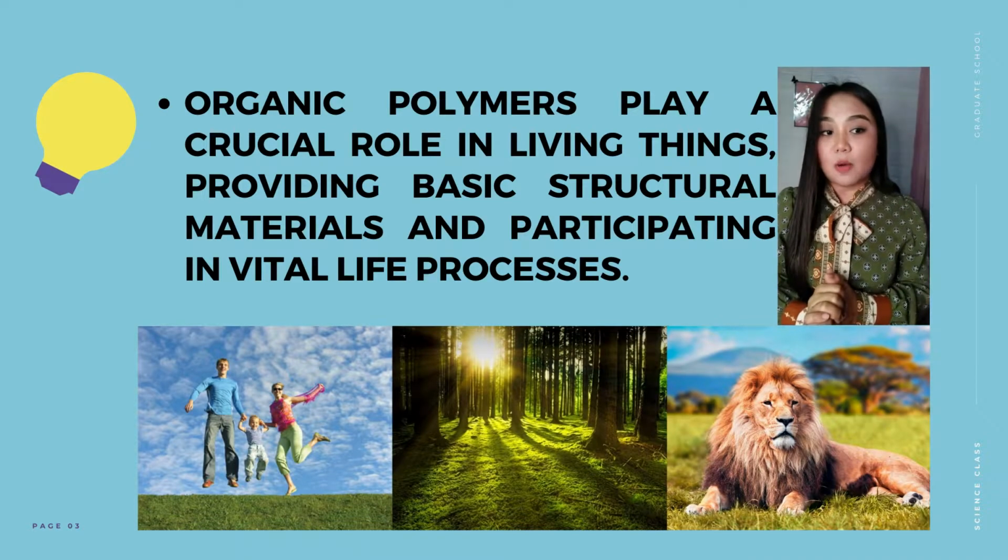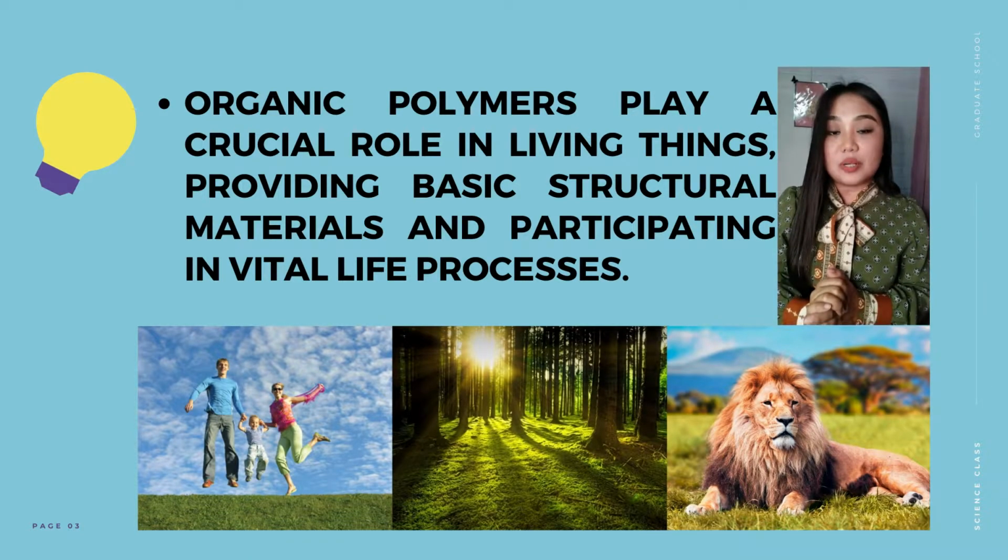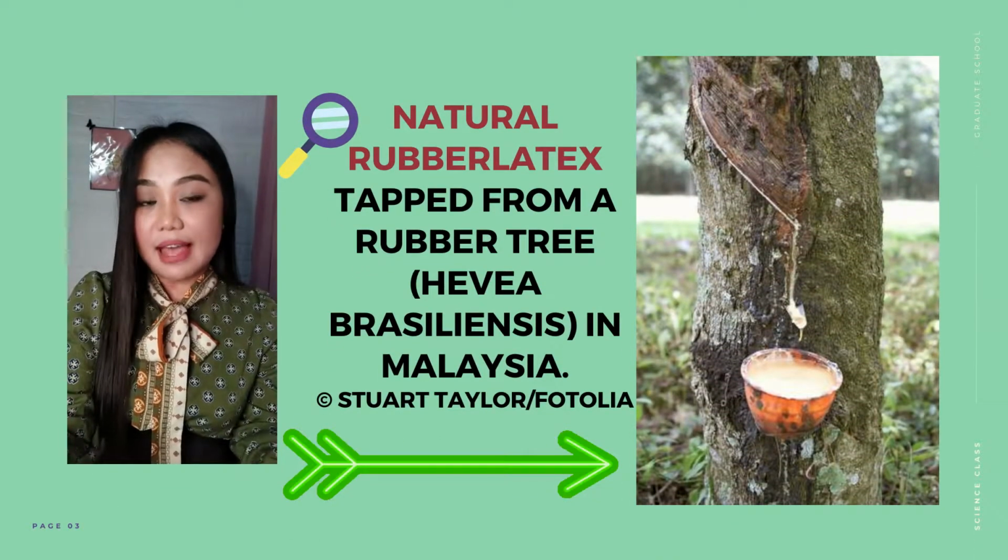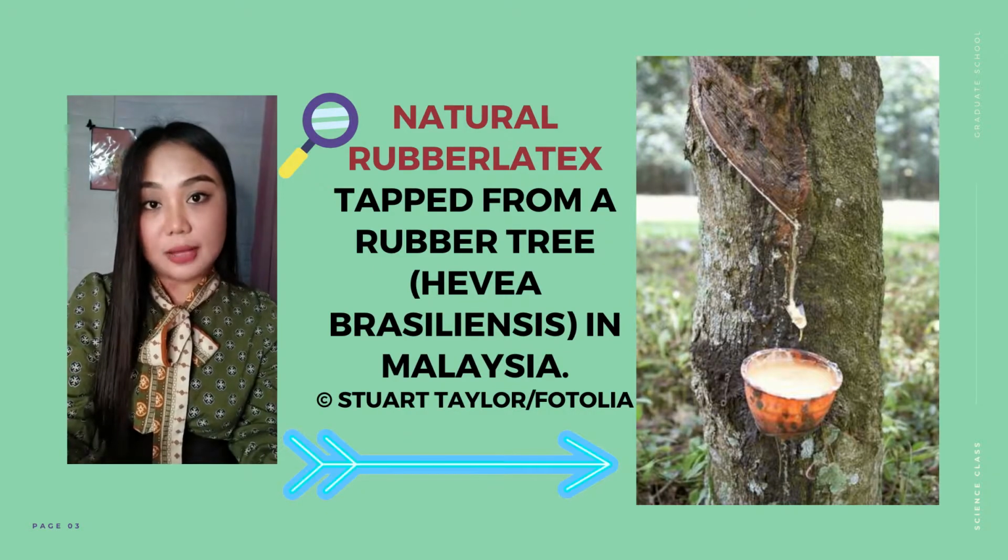Lignin consists of a complicated three-dimensional network of polymers. Wood resins are polymers of a simple hydrocarbon, isoprene. Another familiar isoprene polymer is rubber. Look at this example. This is natural rubber latex from a rubber tree in Malaysia.